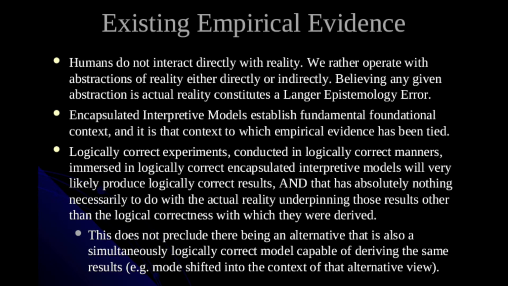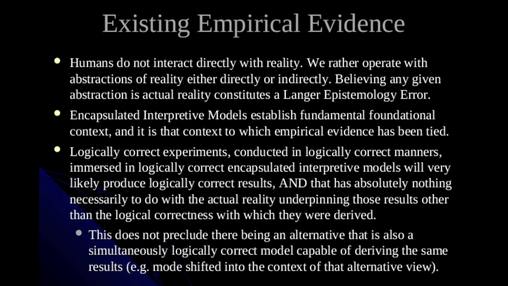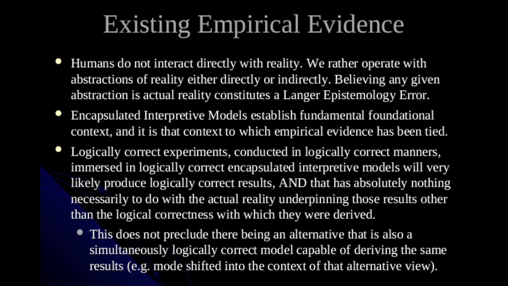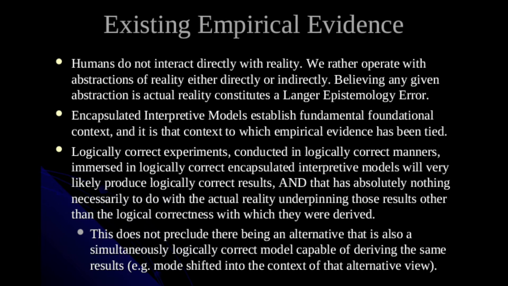But the point is that empiricism is intrinsically and inherently tied to human physiology. As we encapsulate the interpretive models, we establish a fundamental foundational context for each model. And it is in that context which empirical evidence has been tied.